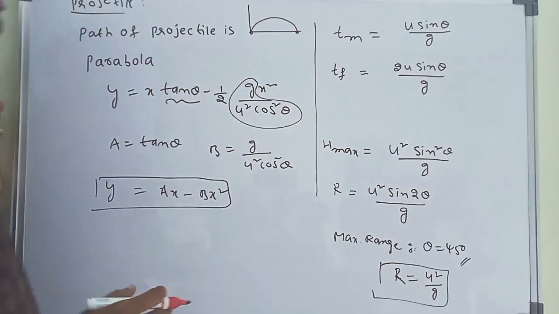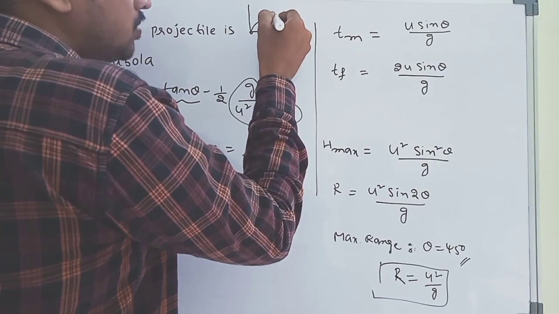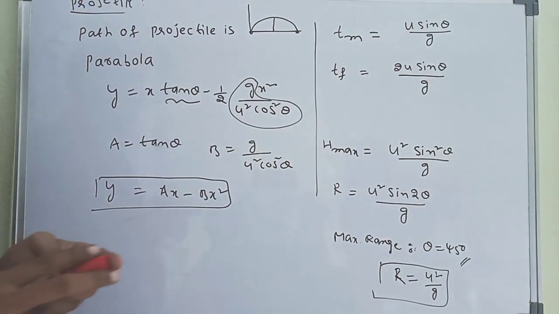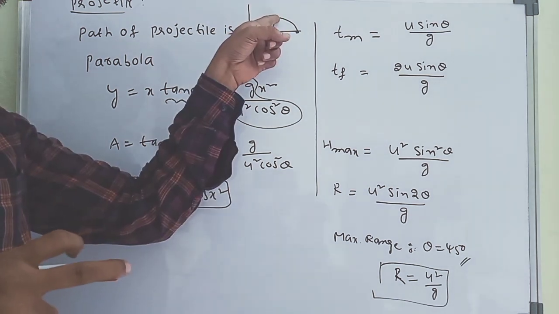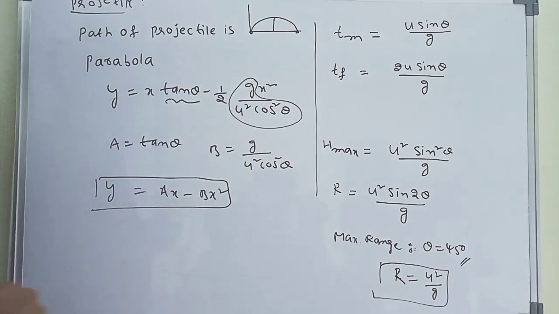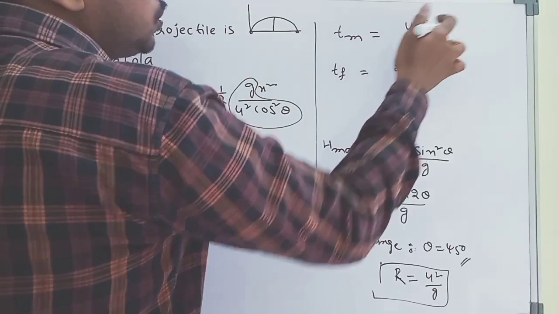Maximum time means the time taken by the projectile to reach maximum height. That is u sin theta by g.